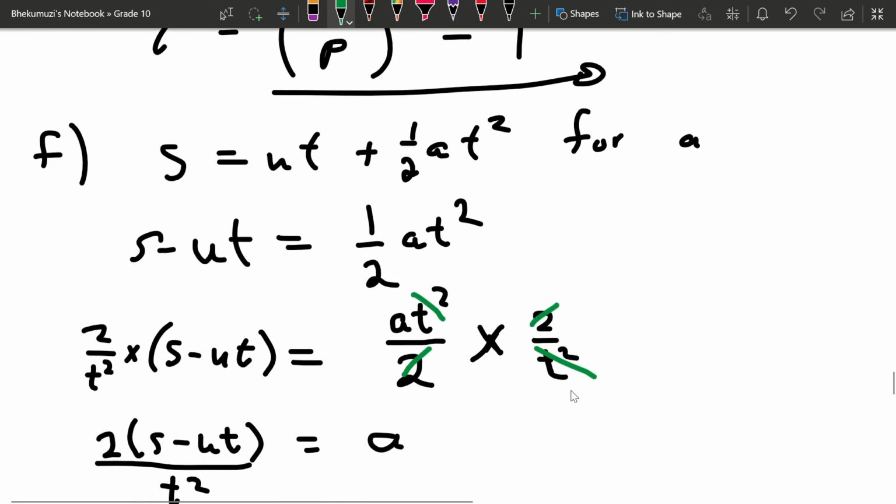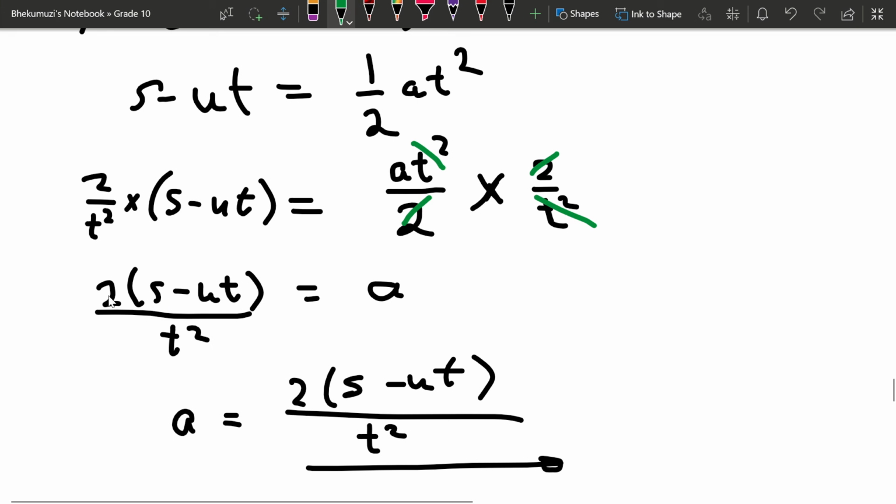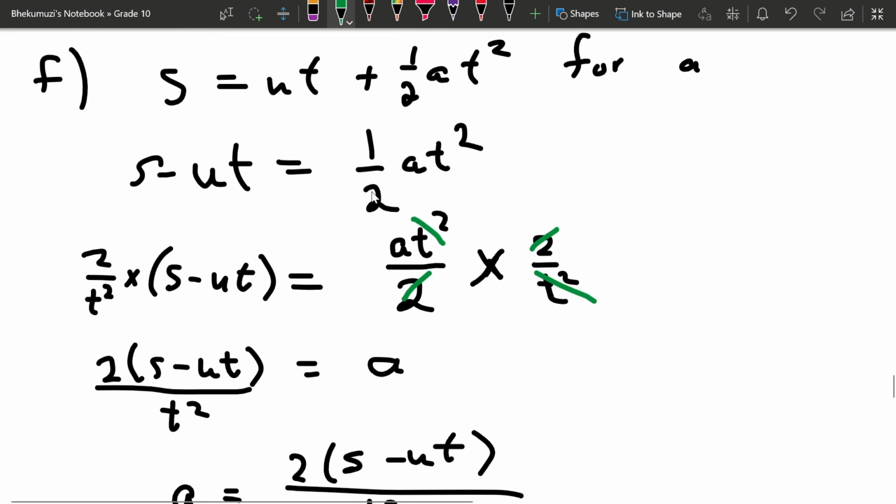But whatever I do on the left hand side, I also must do on the right hand side. So now I'll have 2 over t squared times s minus ut, and basically that would be a. And this we can still rewrite, same idea as this one from here to there.